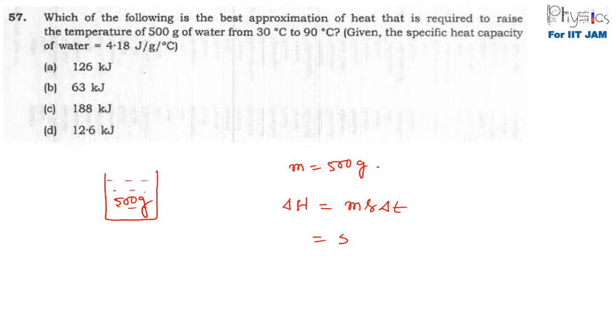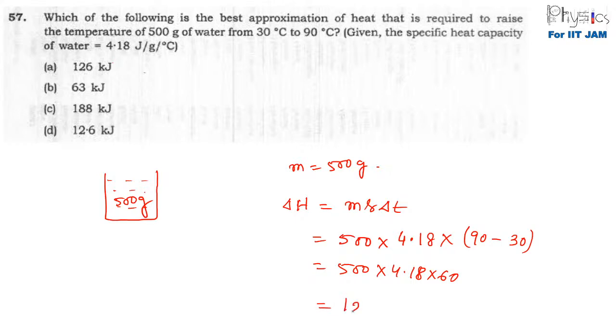So if we put m equal to 500, s equal to 4.18 and delta T equal to 90 minus 30, then we get 500 times 4.18 times 60, and it is equal to 125,400 joules.